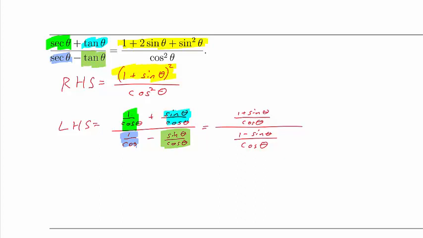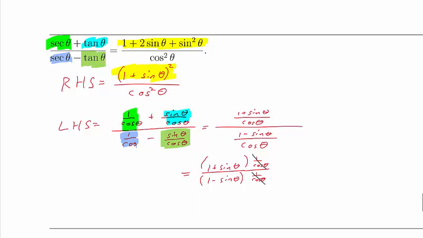So now let's go ahead and pull these 1 over cosines out. We have 1 plus sine theta divided by 1 minus sine theta. And up in the top, we have 1 over cosine theta. And then over here, 1 over cosine theta.